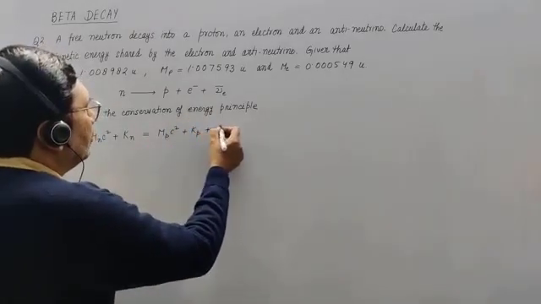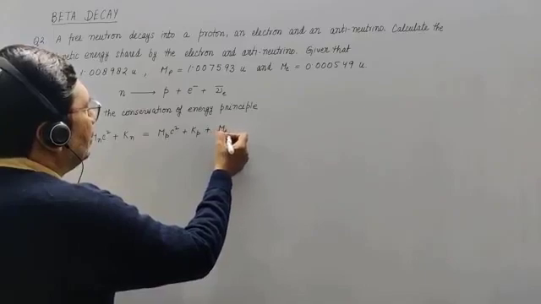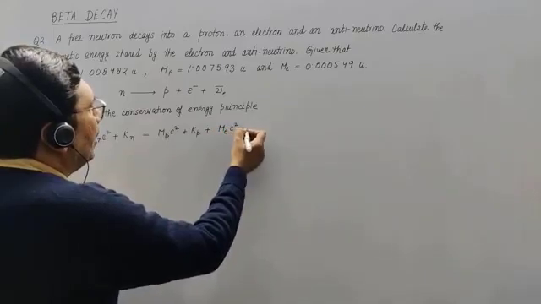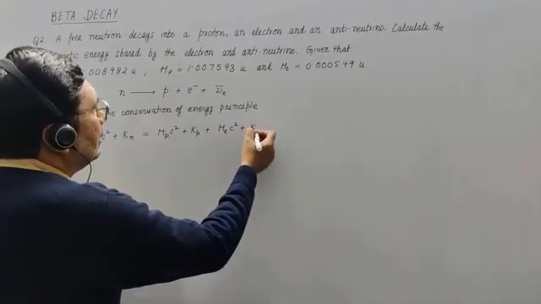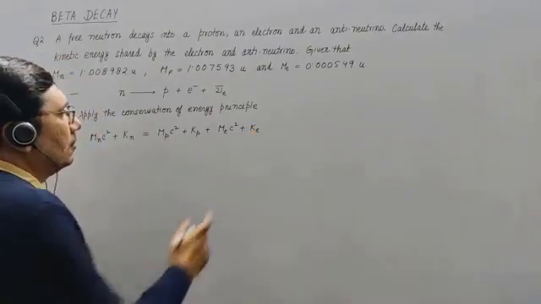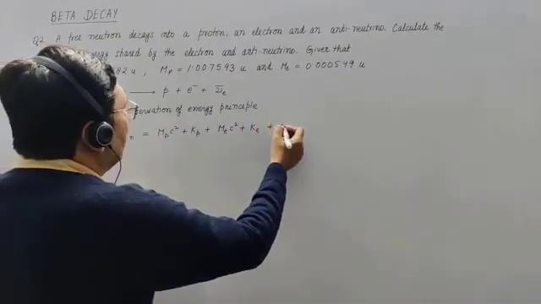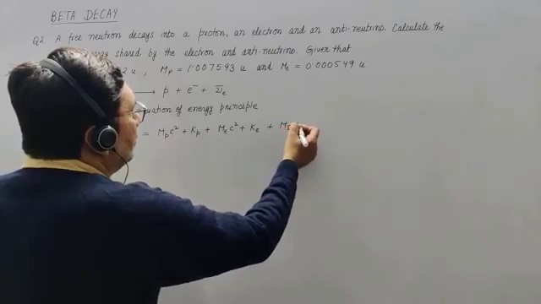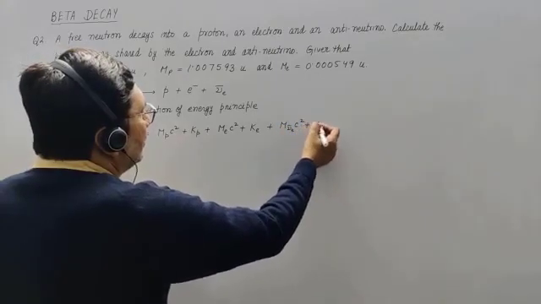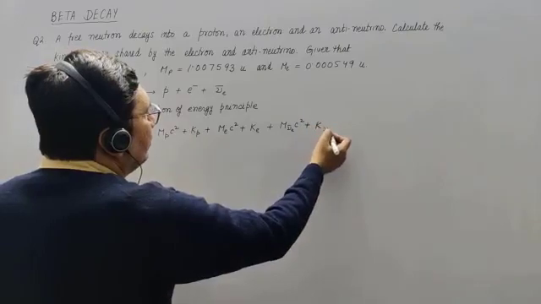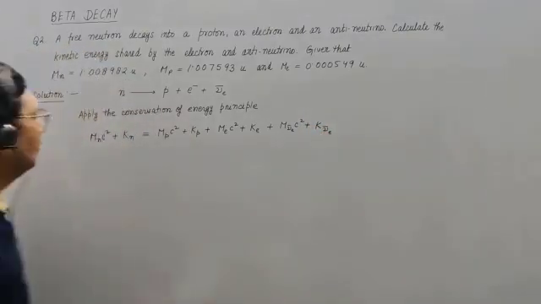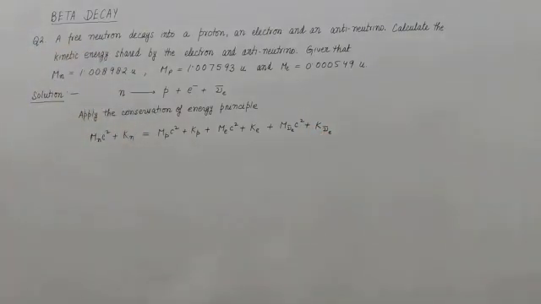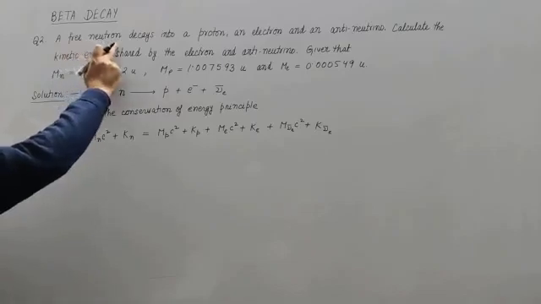The second particle is the electron, so the rest mass energy of the electron plus the kinetic energy carried by the electron, plus the rest mass energy of this antineutrino plus the kinetic energy carried by this antineutrino. Basically, we have a free neutron which is decaying.